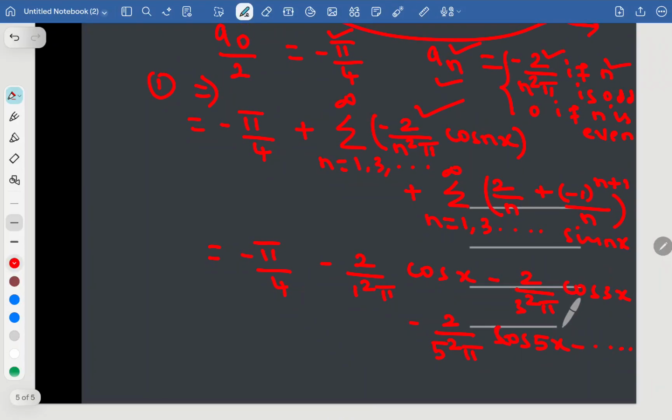For the last term, give values for n equal to 1. 2 by 1 plus minus 1 power 1 plus 1 by 1 sin x.